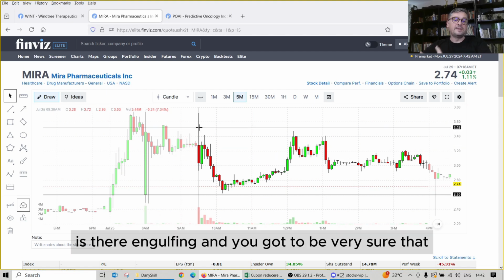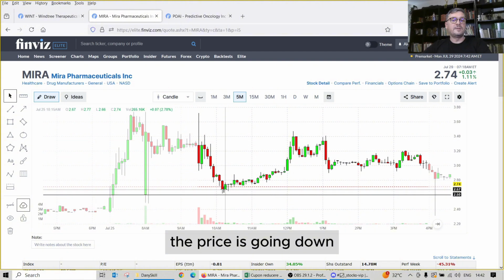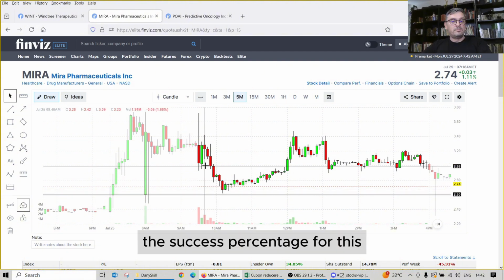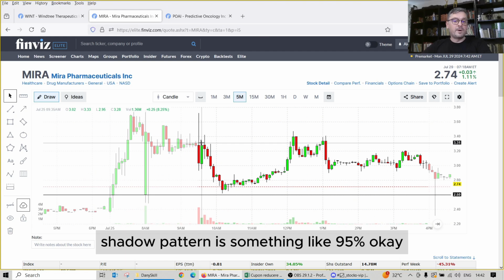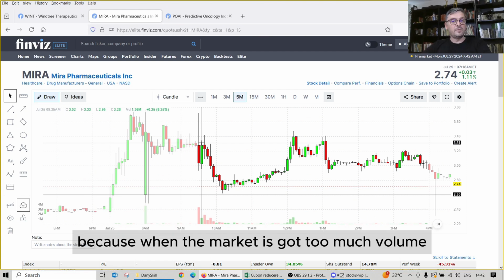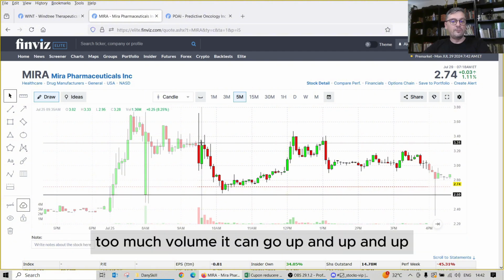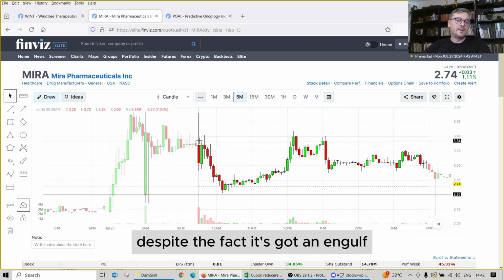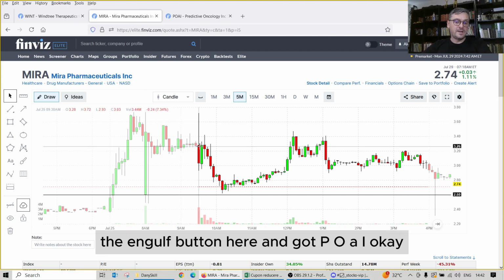Whenever this is happening, they are engulfing, and you have to be very sure that the price is going down. The success percentage for this shadow pattern is something like 95%. But be very careful, because when the market has too much volume, it can go up and up and up, despite the engulf pattern here.